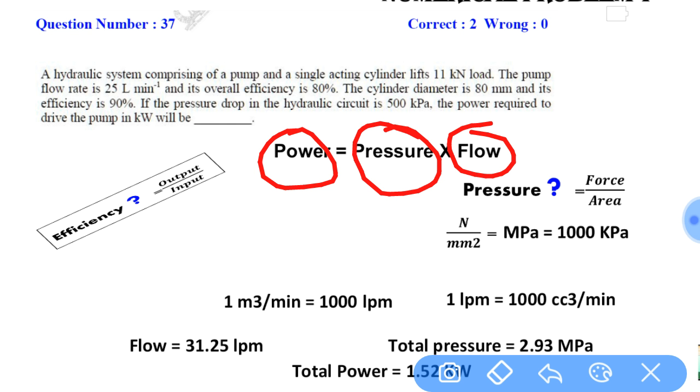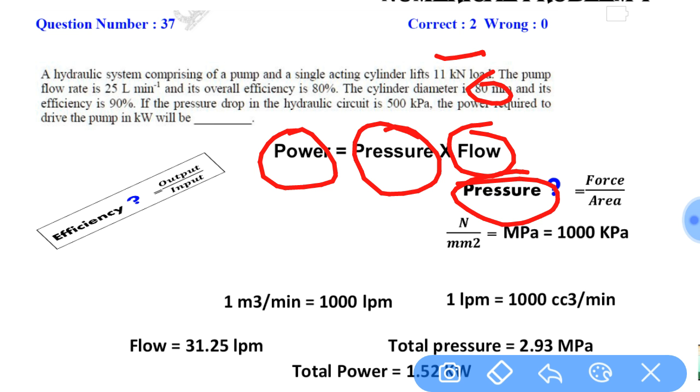Now pressure, how can we find pressure? Pressure is simple, force divided by area. We have force 11 kilonewton, and we know the diameter 80 mm. So with this force and the area we can easily find the pressure.